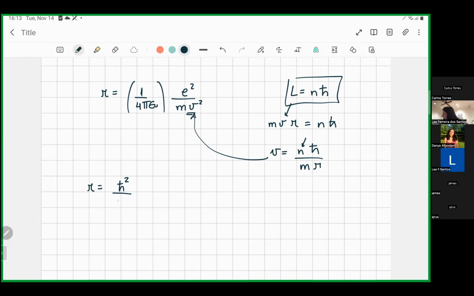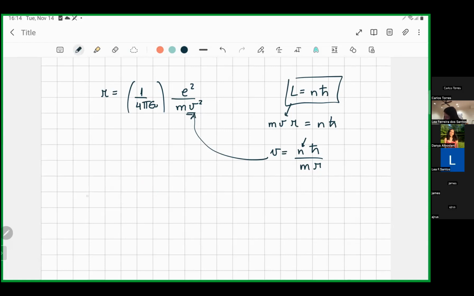I didn't want to waste time doing this, but I think we'll have n h bar, k here is 4 pi epsilon 0 squared. Let me do this, otherwise I'm going to make a mistake. Doesn't hurt to do this.